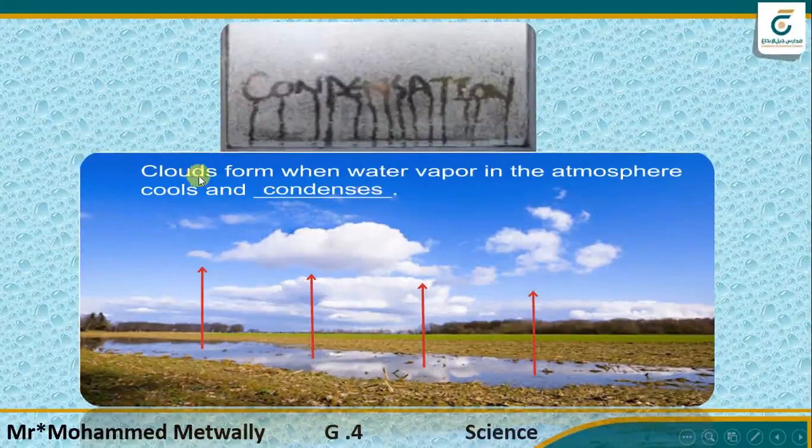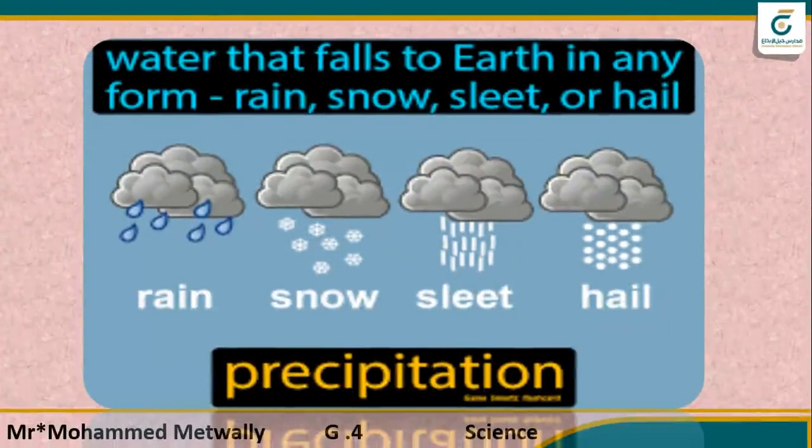You know that condensation or clouds form when the water vapor in the atmosphere cools and condenses. So, when the water vapor in the atmosphere cools, it gives us the condensation process. Another point here from the previous lesson is precipitation. Precipitation is the third process in the water cycle.